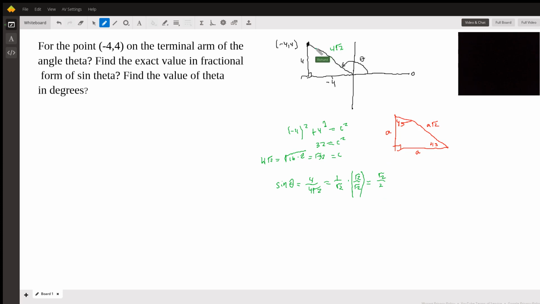Notice that sine is positive in the second quadrant, cosine would be negative, tangent would be negative, but they're only asking us for sine, so we kind of get off nice and easy here. So it's really just a matter of recognizing where you are on the unit circle, although this is not a unit circle because we have a radius here of 4 instead of 1.